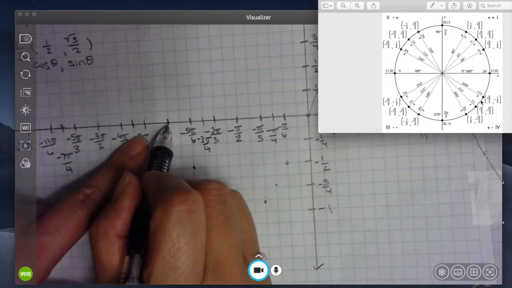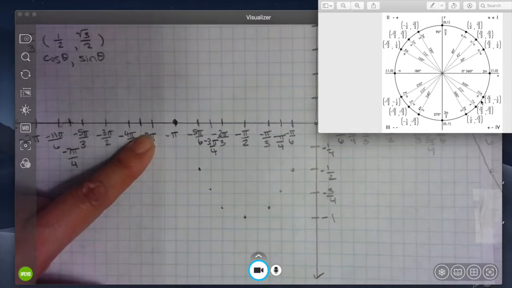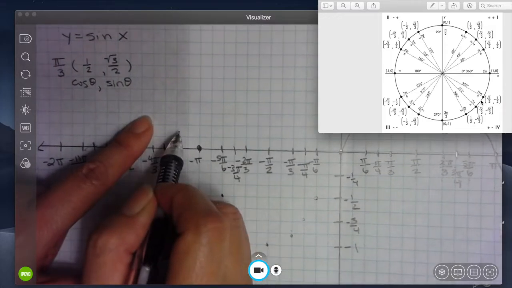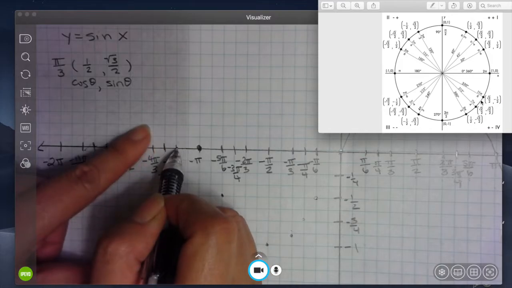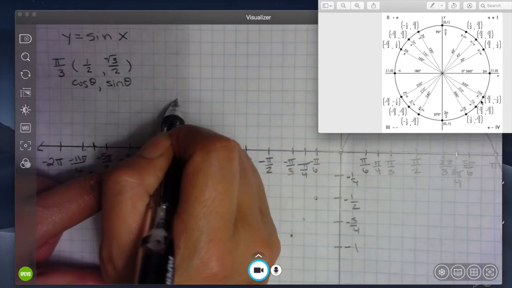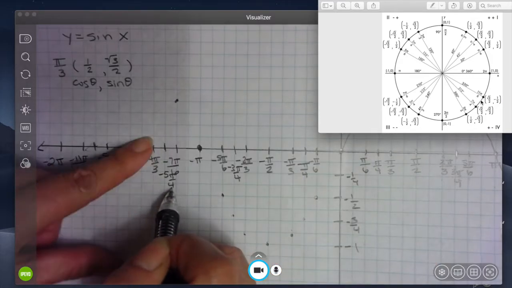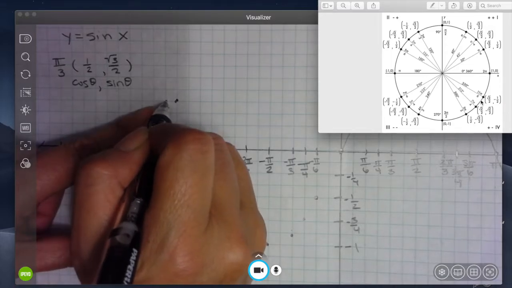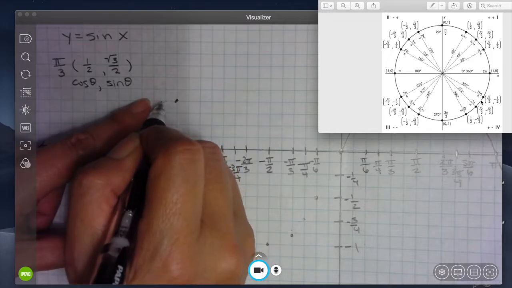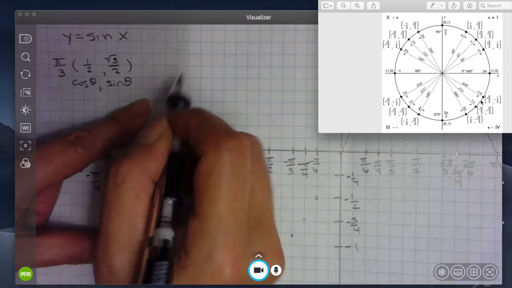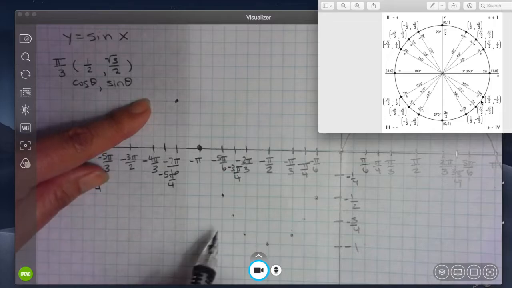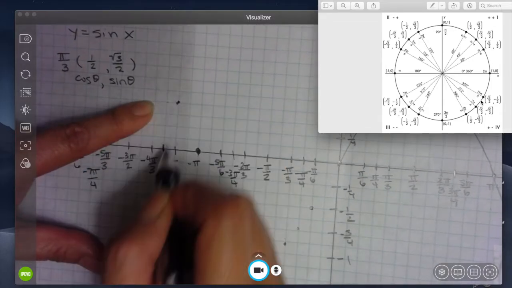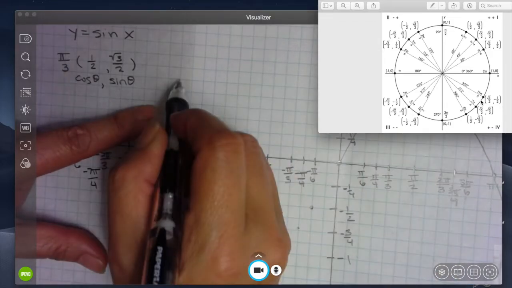All right, now we're going to come right back up. Negative 7 pi over 6 is going to be 1/2. Negative 5 pi over 4, we're now back in the positive, 0.71.